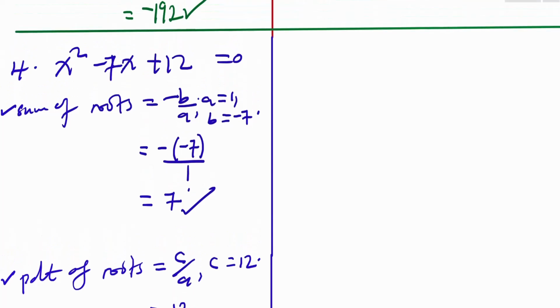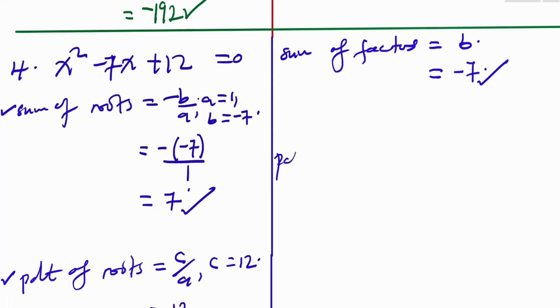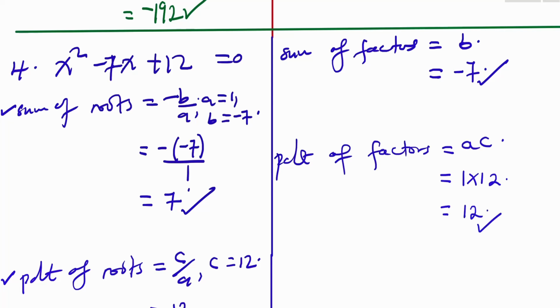Then on the right hand side, the sum of factors equals our b, and the value of b from the quadratic equation is simply negative 7. Then product of factors equals our ac, of which our a from the quadratic equation is 1 multiplied by our c, which is 12. So our product of factors becomes 12.